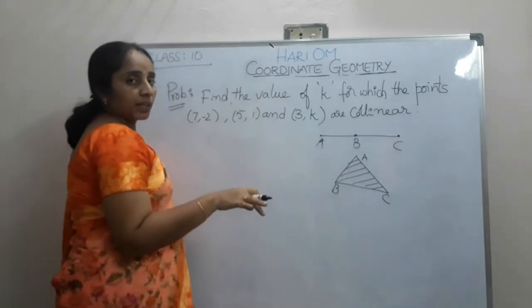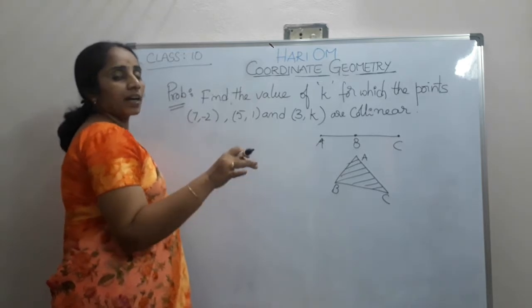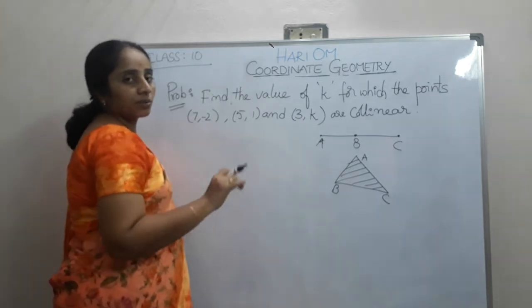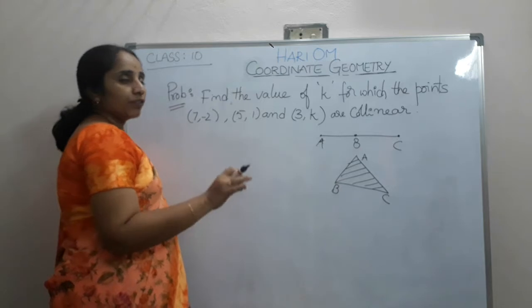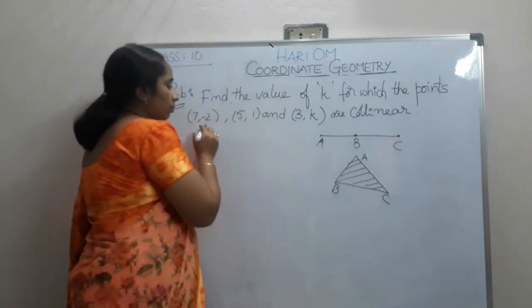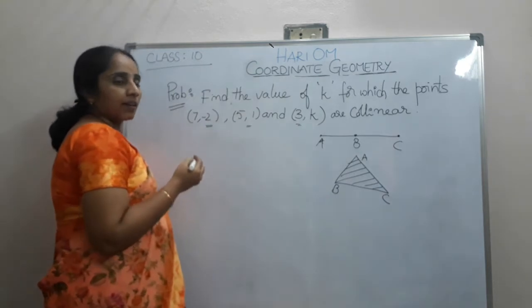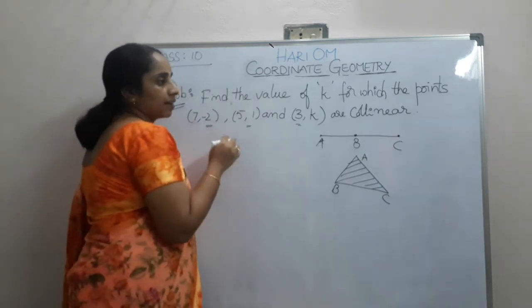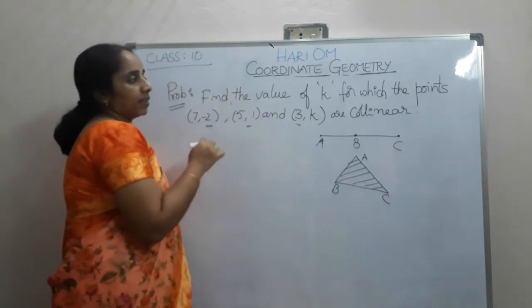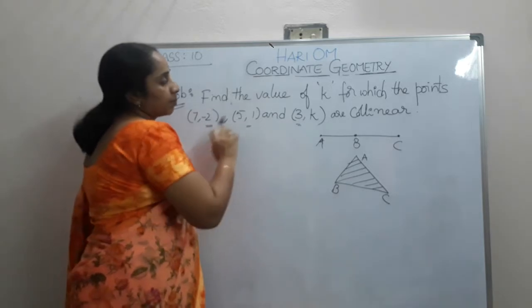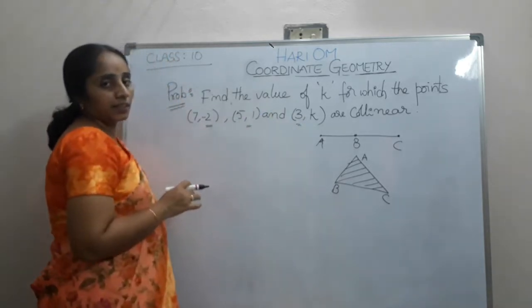No area means the area of the triangle is 0. So if we prove that its area is 0, then we can say that the given points are collinear.